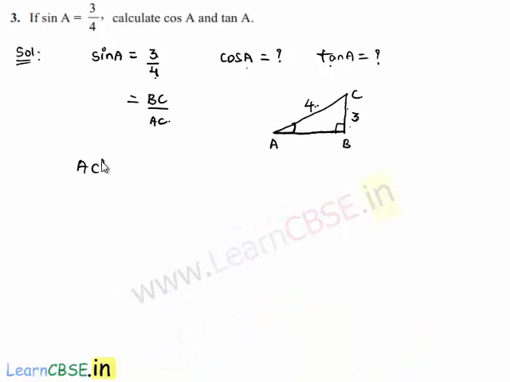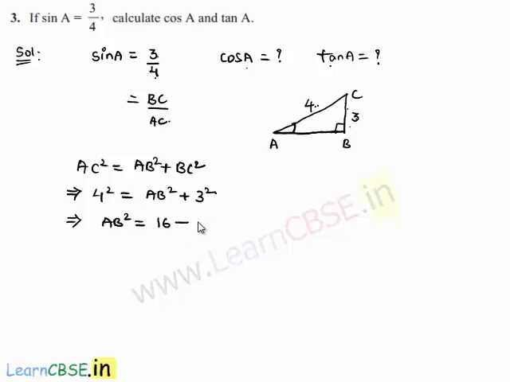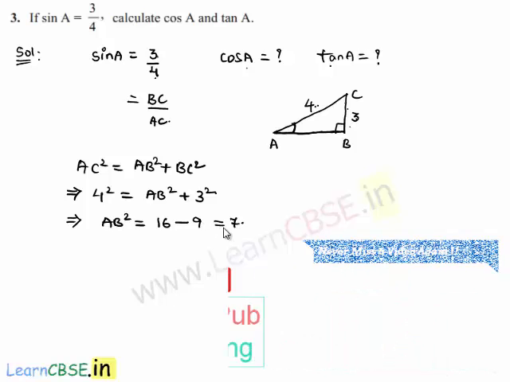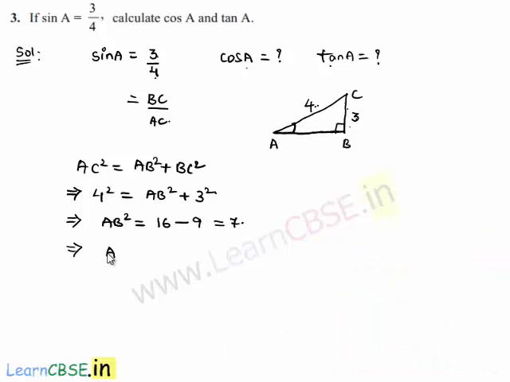Here we can write that AC square is equal to AB square plus BC square, which implies AC square, here 4 square, is equal to AB square plus BC square, nothing but 3 square. That implies AB square is equal to 4 square, that is 16, minus 3 square, that is 9, which is equal to 7, which implies AB we get as root 7.